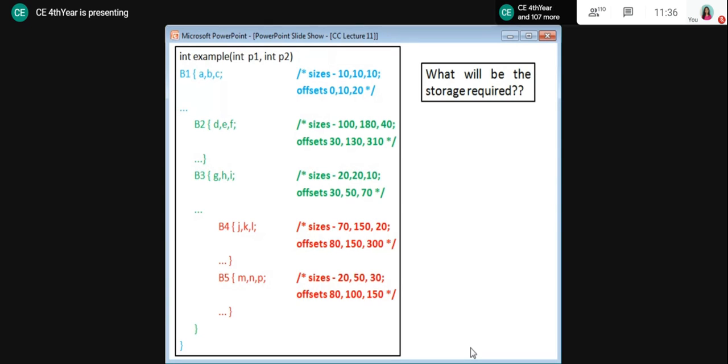Suppose we are considering all these sizes in bytes, or let us simply take 10 units, 100 units, and so on. How many units of storage will be required for this particular example? Please calculate and let me know in the chat area. Once you are done with it, I will discuss whether the answer is correct or not.